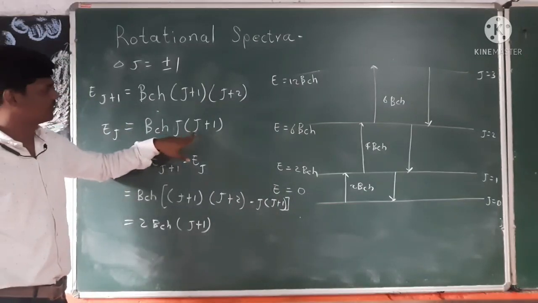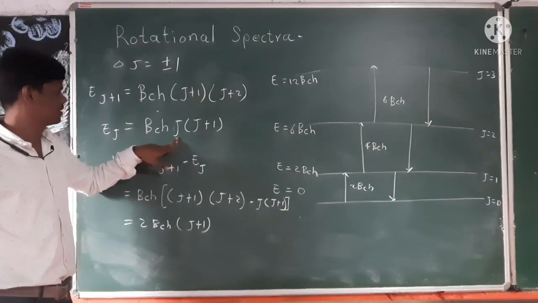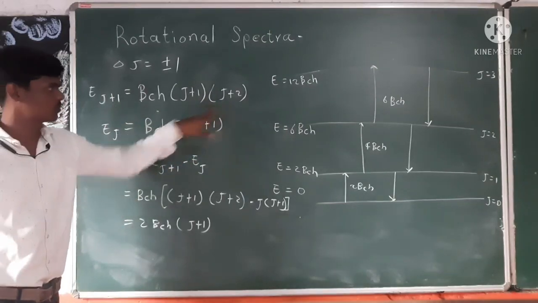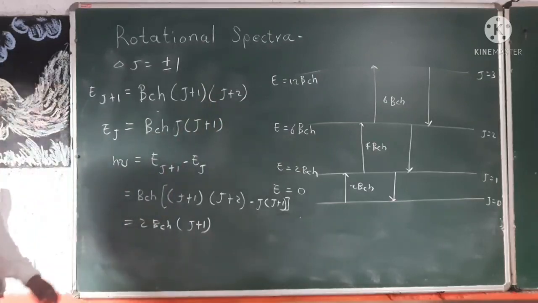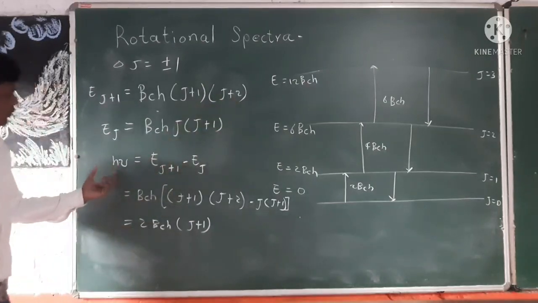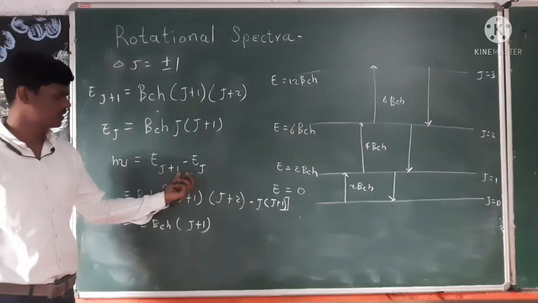Here the value changes: first j, then j plus 1, so that will be j plus 2. Now h nu will be E of j plus 1 minus E of j.